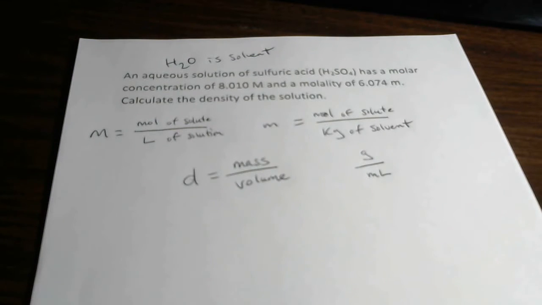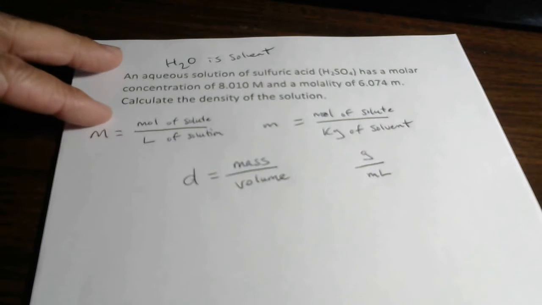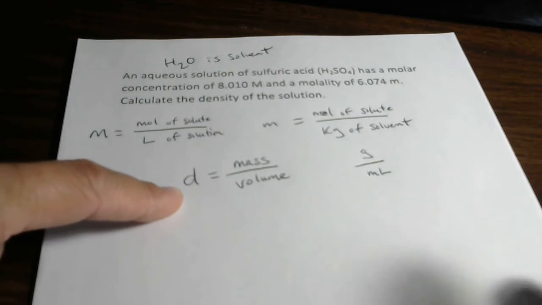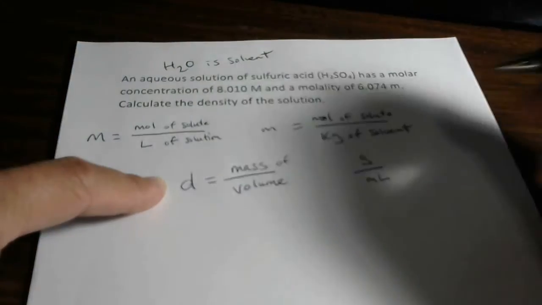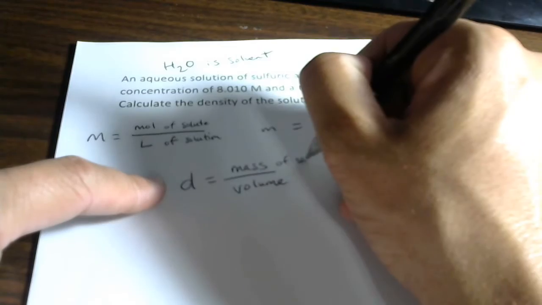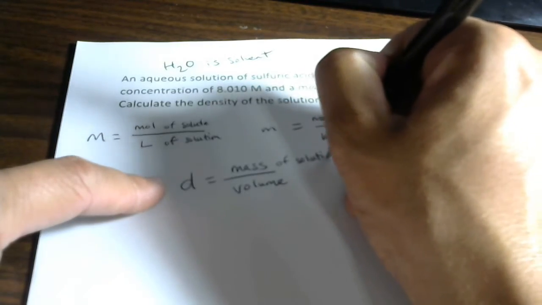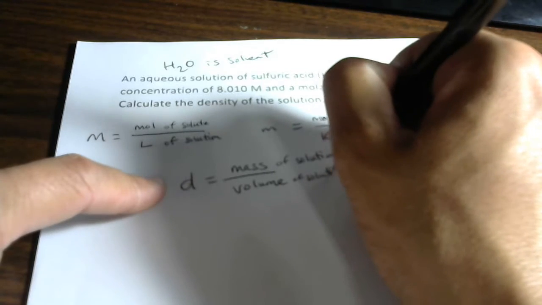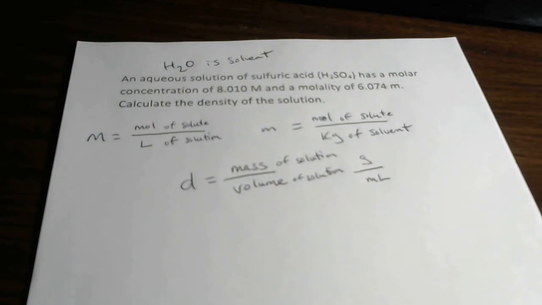However, there's another way to do it that would be acceptable. But if your professor does not specifically tell you how to express it, you have a few options. This time it's going to be the mass. Let's further define this as the mass of the solution over the volume of the solution.